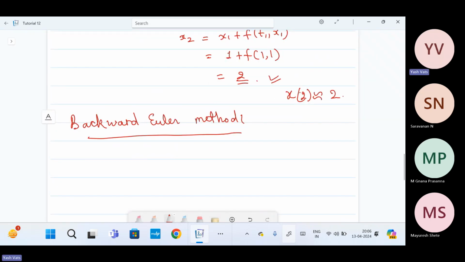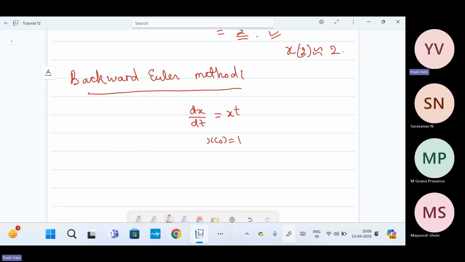dx by dt is x t. So what is the backward Euler method? Anyone remember? xn is x(n minus 1) plus h f of xn, yn, right?